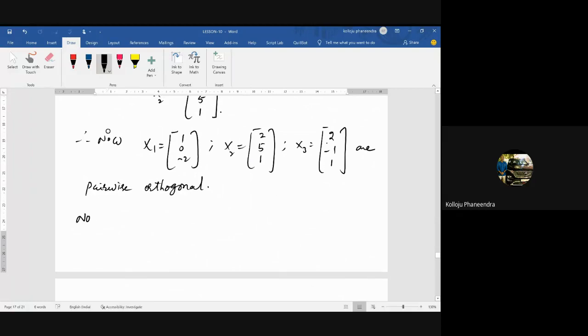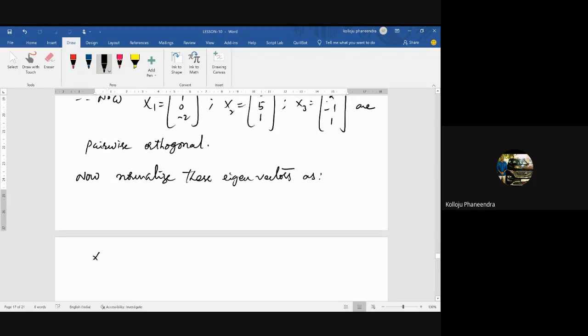Now after getting pairwise orthogonal vectors, normalize each eigenvector. The first one: x1 by norm x1 equals 1 divided by root of 1 squared plus 4, root 5. So it is 1 by root 5, 0, minus 2 by root 5. Next, x2 by norm x2.